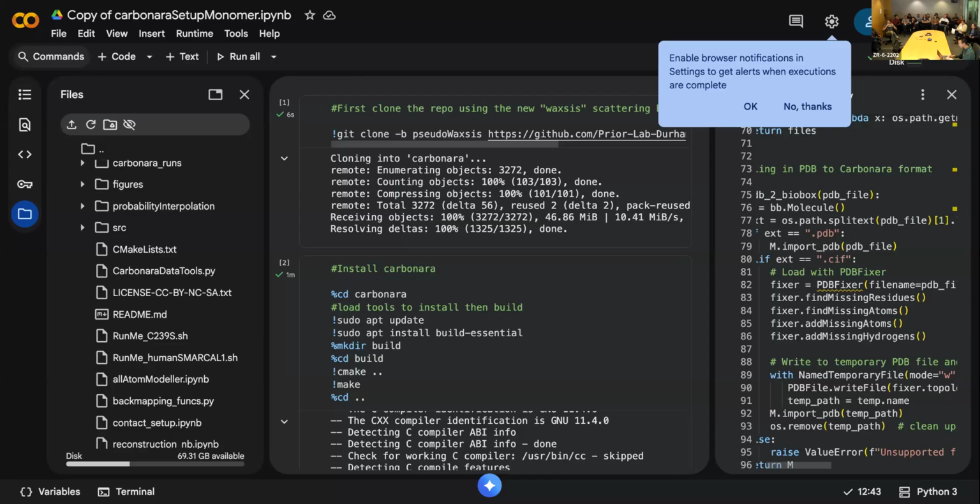Is it ultimately the goal to have multiple different types of experiments that are all going to feed in and give you constraints? Yeah, this is purely about modeling the solution state. So SAXS, the footprinting data, potentially neutron scattering, and then NMR, which is a little more complicated.